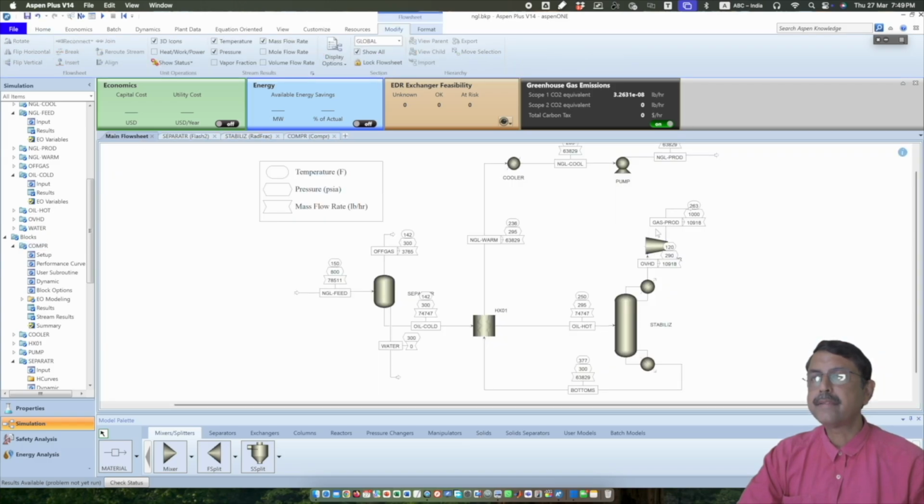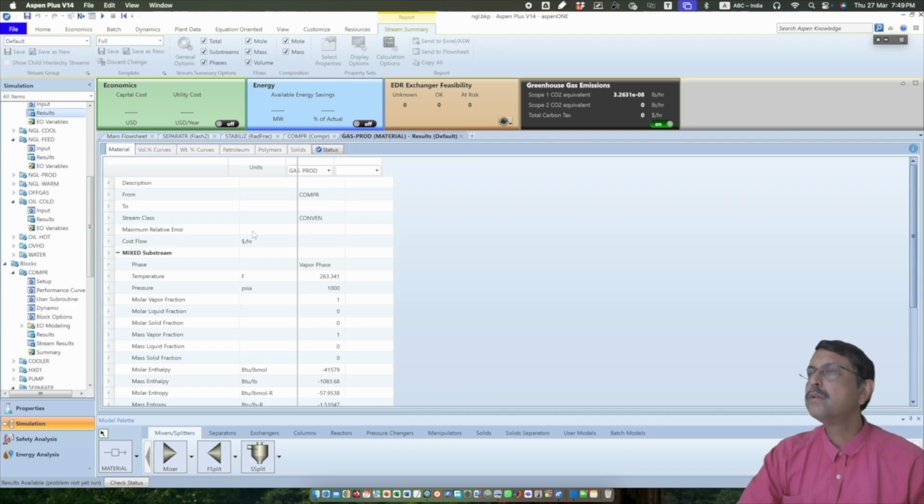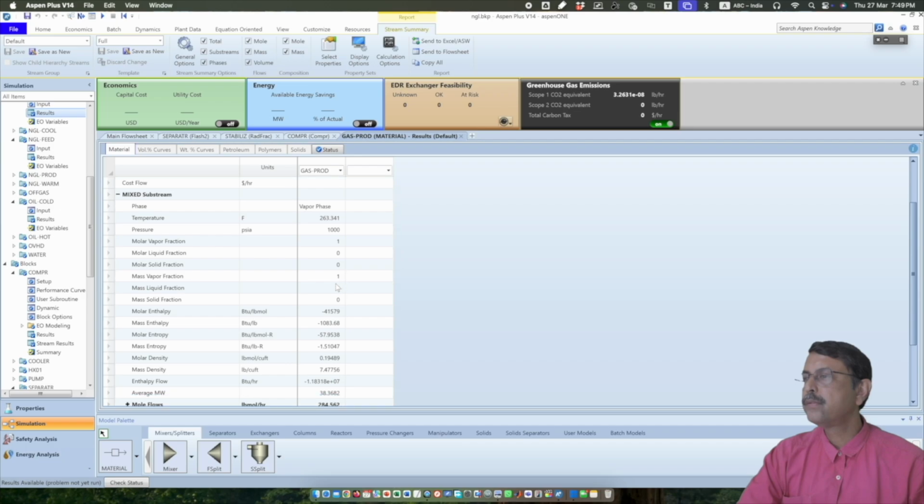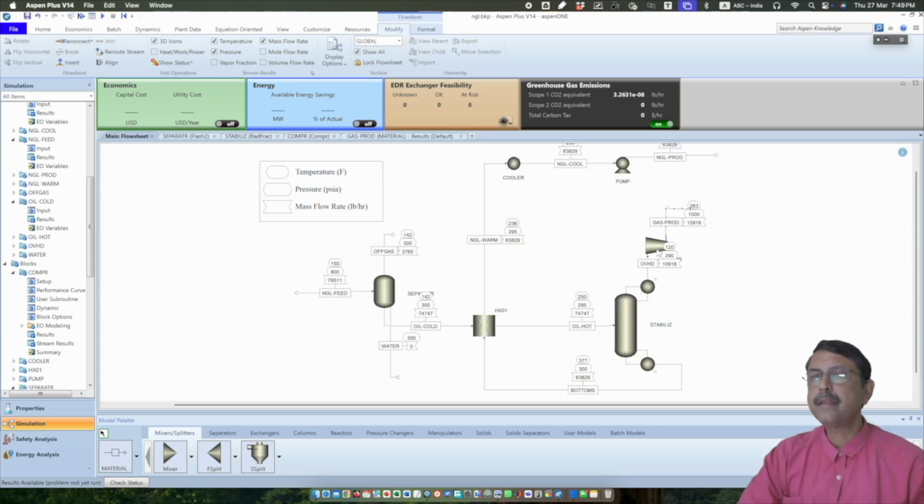And as a result, we get the gas product whose temperature and pressure, let us see in degrees centigrade and atmosphere, are 128 degrees centigrade and 68 atmosphere. Okay, so this is one line.